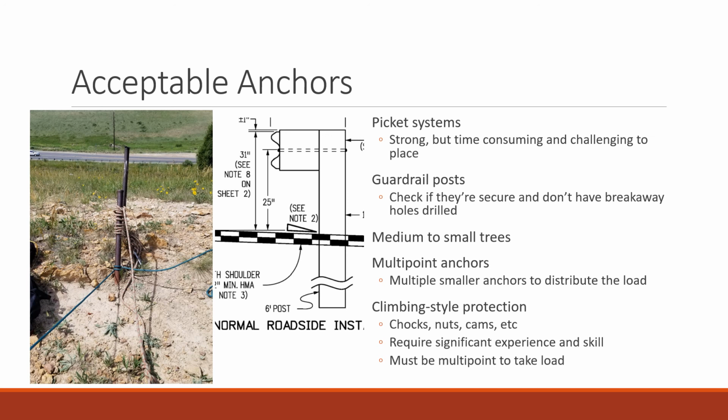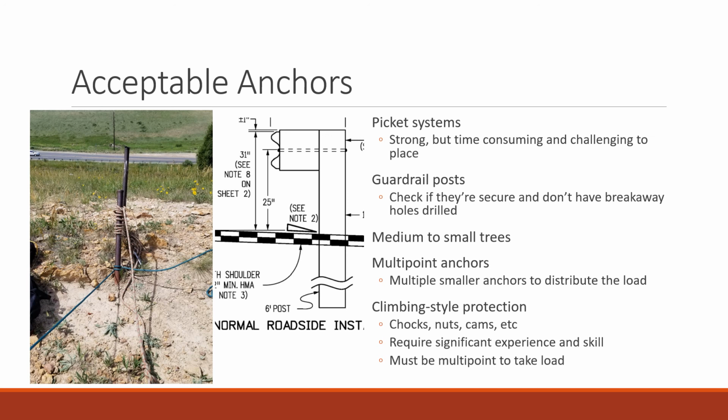Big cautions here, make sure they're secure. If they're wood, they can rot out. Kick them a couple times and make sure they don't crumble and collapse. Make sure there are no breakaway holes drilled in them. As a part of the end anchorages on some guardrails, you're going to have holes drilled in them because they're designed to break more easily. Don't use those, that's bad.